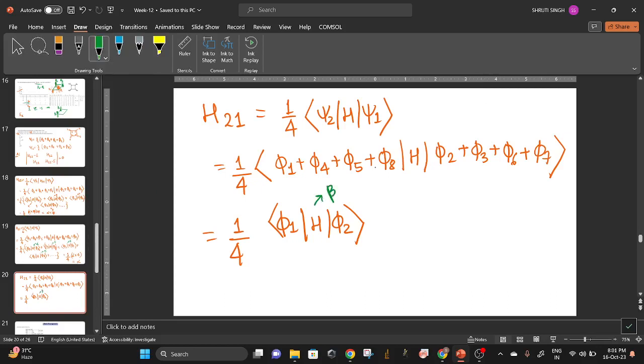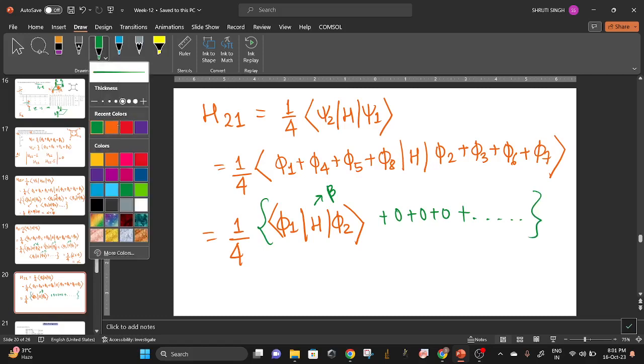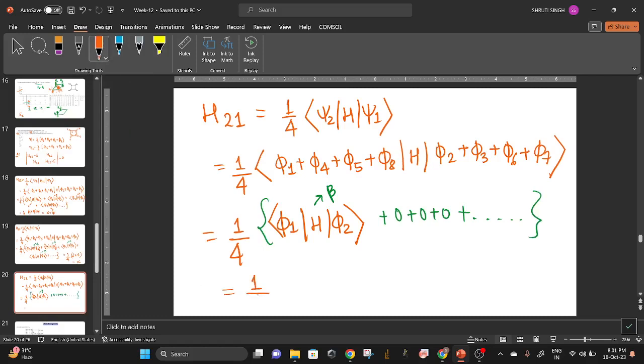And 1 and 3 are not adjacent, 1 and 6, 1 and 7 are not adjacent, so we will get 3 zero terms for one set, and similarly 12 more terms like that. So in total we will have 4 beta terms. So it will be 1 over 4 beta into 4. So H21 will be beta, and likewise H12 will also be equal to beta.